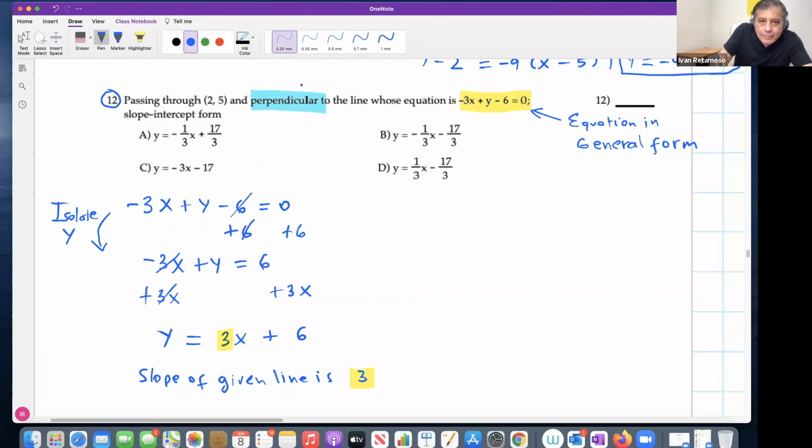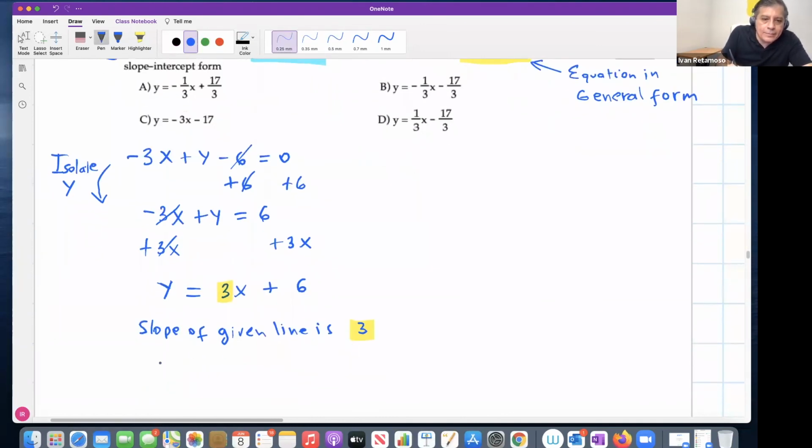But now we're dealing with a perpendicular line, right? So then according to our properties, the slope of the perpendicular line is what?